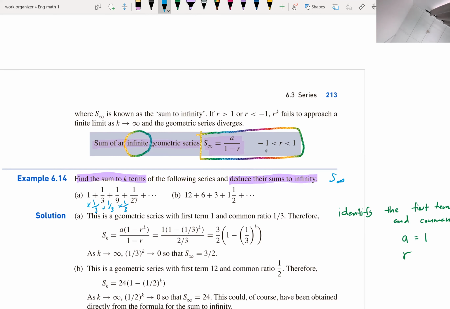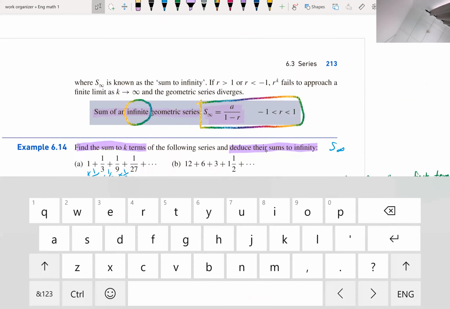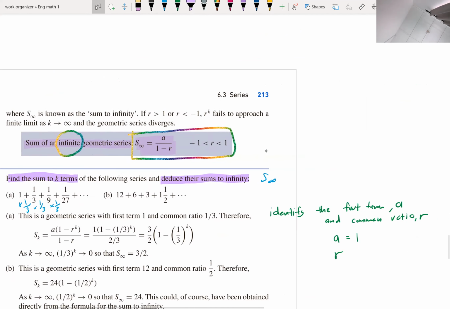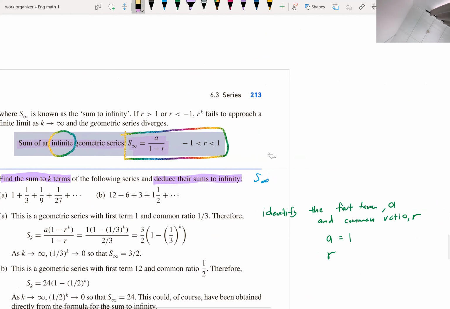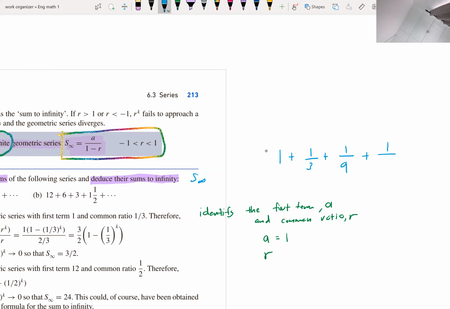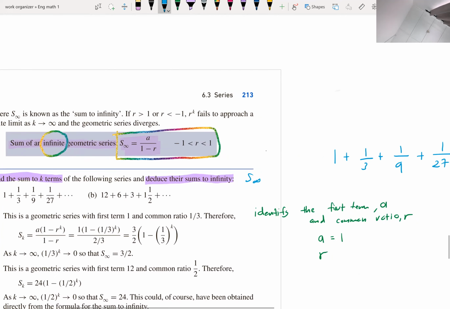For question A, I just write it again here: 1 plus 1 over 3 plus 1 over 9 plus 1 over 27.